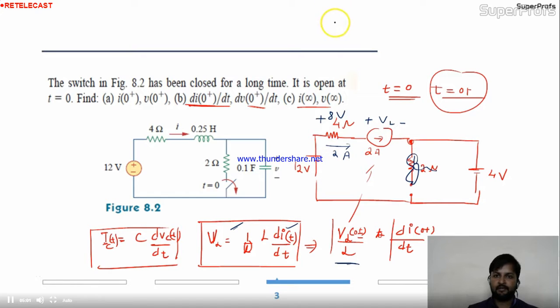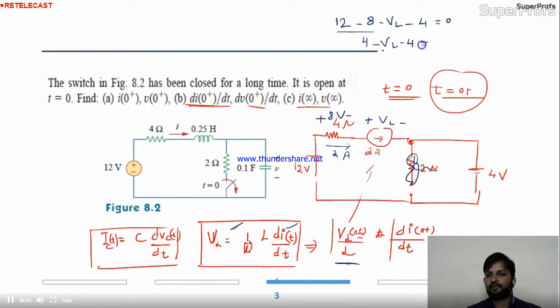I'll start with the 12 volt. Okay, fine. I'm getting minus 8 volt. Here I'm getting minus VL, and here minus 4, and again 12, so it's 0. So you can see 12 minus 8 is 4, minus VL, minus 4 is nothing but 0, so VL is 0, right?